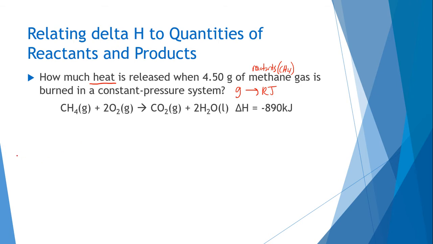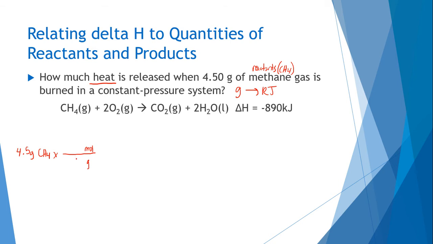We always start with what we know, which was 4.5 grams of methane, so CH4. Again, whenever you're doing stoichiometry, your middleman is always going to be moles. So you always want to get to that mole value. In order to go from grams to moles, I have to find my molar mass. So here's my grams. I want to cancel it, so it goes on the bottom and moles on top.